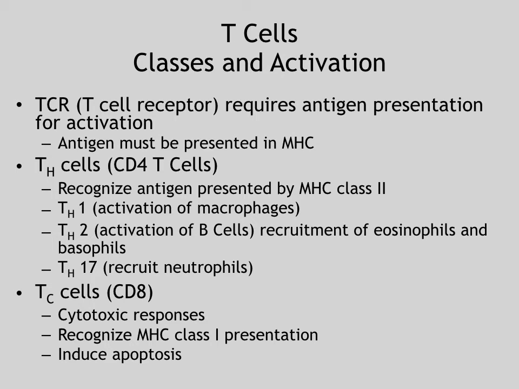And cytotoxic T cells know the difference. So in that case, the MHC class I does not have to present antigen. It's just its presence causes a cytotoxic T cell response. So anti-rejection drugs are trying to turn off or inhibit that cytotoxic T cell response.